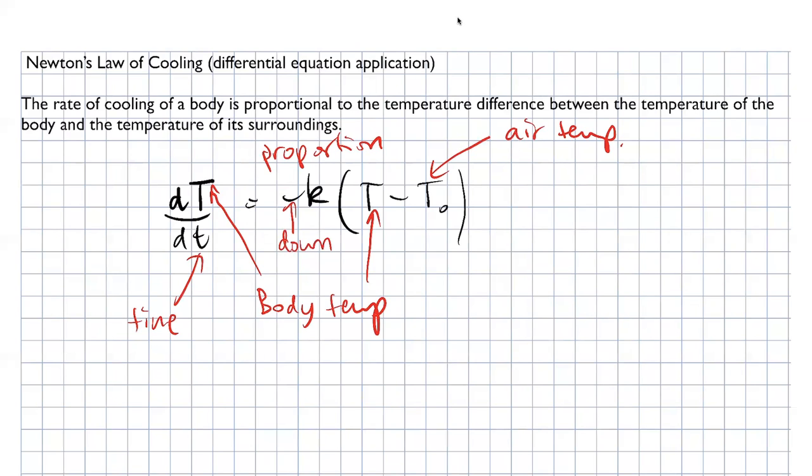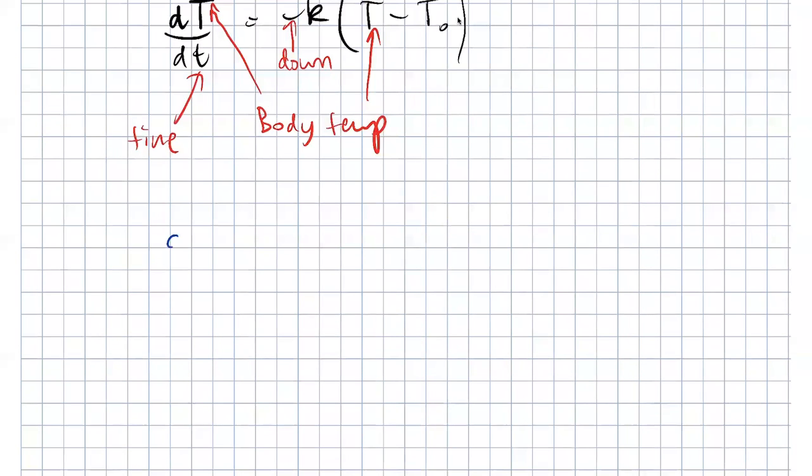Right, well, let's work with this equation to turn that into something useful. So we've got dT/dt equals negative k(T minus T0). Now, of course, the active variables are the body temperature T and the time.